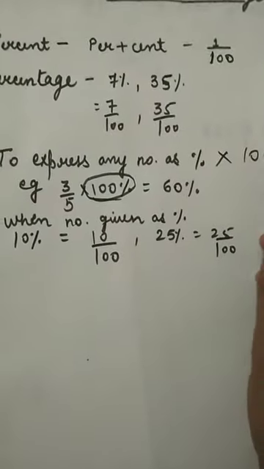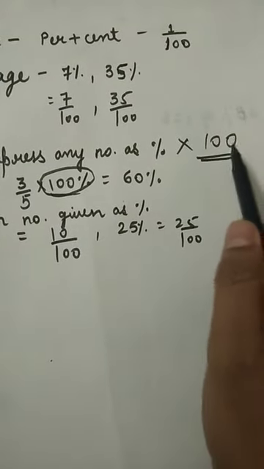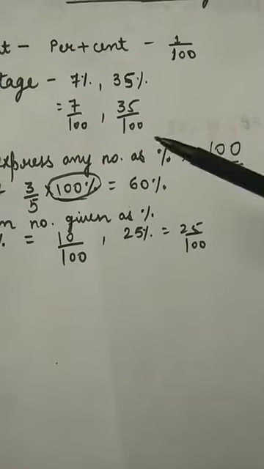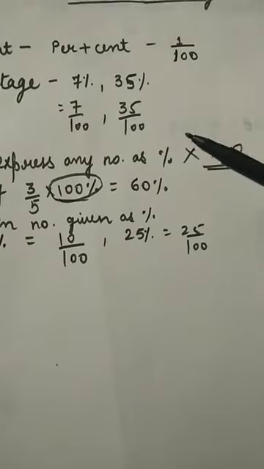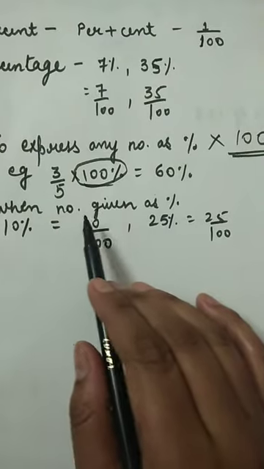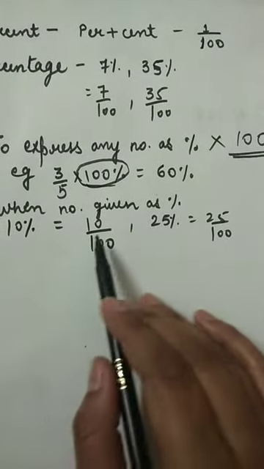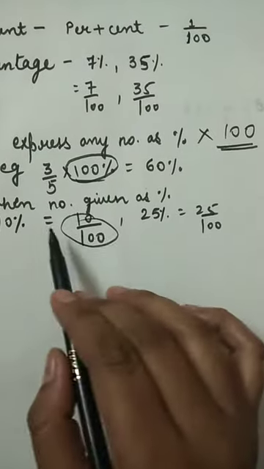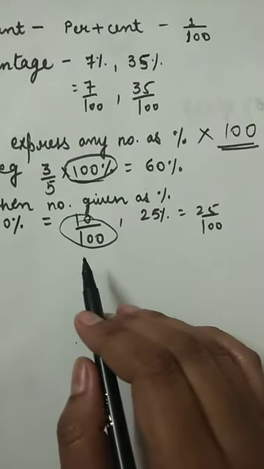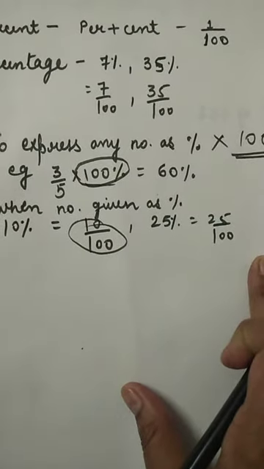To express any number as percent, we always multiply it with 100, because cent means 100. When a number is given as percent, we convert that number into a fraction, or we can give our answer in decimal. This is what we have learned till now.